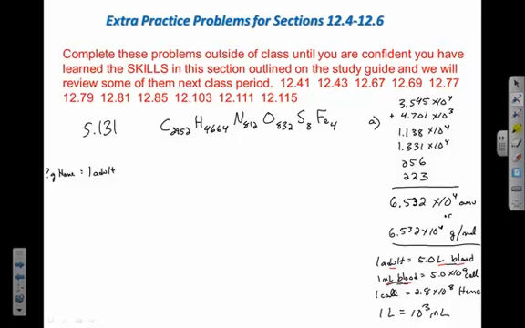Then we'll go from milliliters of blood to cells, then from cells to hemoglobin molecules. Then how do we get to grams of hemoglobin? Well, we have a relationship between grams of hemoglobin and moles, so we'll need one more relationship to bridge the gap between molecules and moles. And what's that relationship? Right, Avogadro's number. So we'll need 6.022 times 10 to the 23rd molecules of hemoglobin per mole.